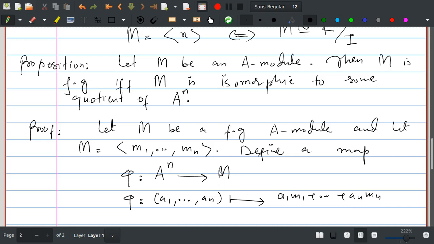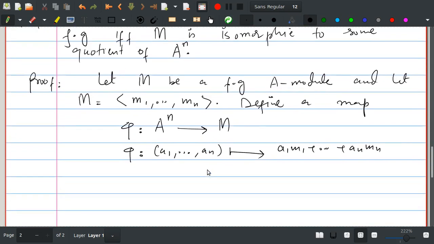Now M being a finitely generated module generated by these elements, each element in M is of this form. This is an element of M, so this map is actually well defined.